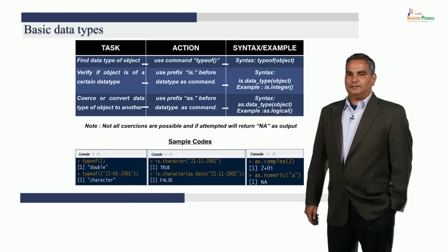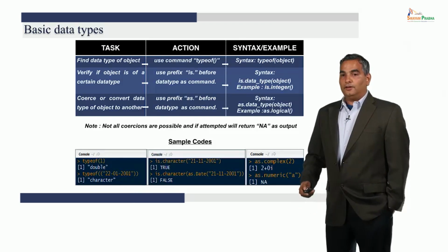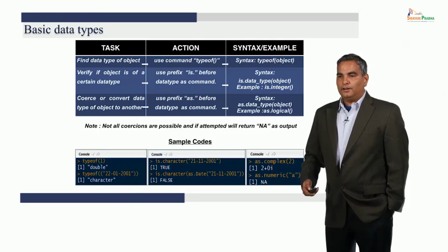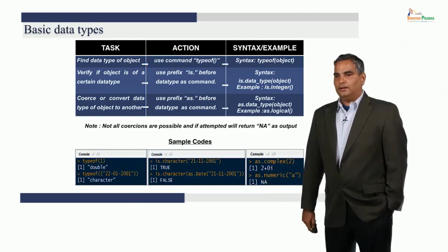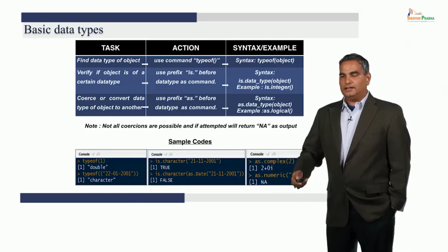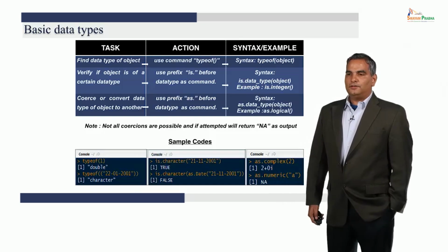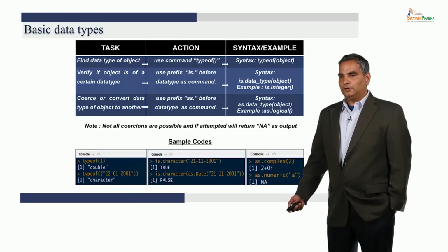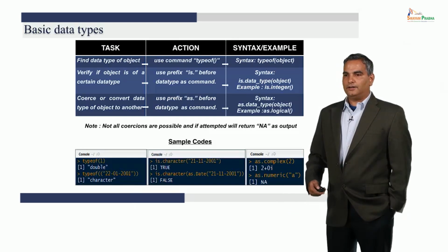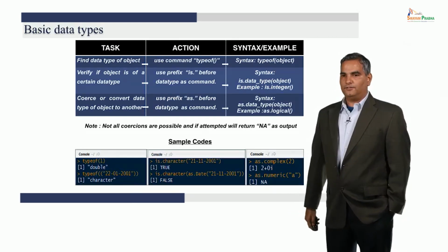The second task is, if you want to verify if an object is really of a certain data type, then you can ask the question, is.datatype(object)? For example, you could say is.integer(some variable). If this variable was originally defined as an integer, the result will be true. And if the variable was originally defined as not an integer, the result will be false.